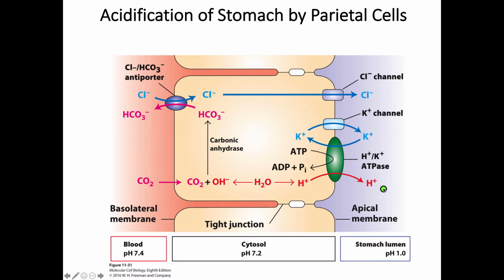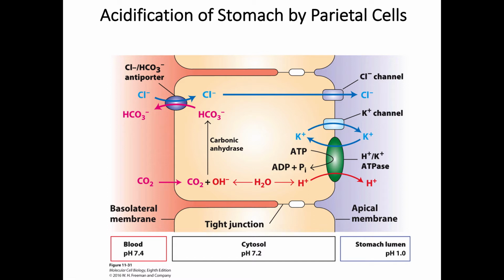Both H plus and K plus are positively charged ions. So you will have acidity, but you will also have a high amount of positive charge towards the plasma membrane, or into the stomach, and you will not have electroneutrality. This is a problem for cellular communication.